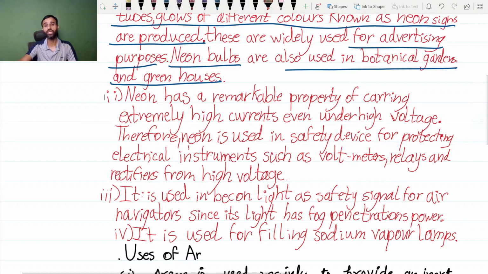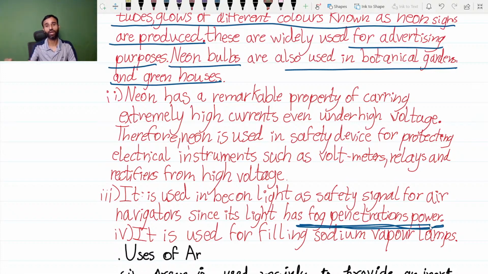Therefore, neon is used in safety devices for protecting electrical instruments such as voltmeters, relays, and rectifiers from high voltage. Or it is used in beacon light as a safety signal for air navigators, since its light has fog penetration power that we have discussed just now.